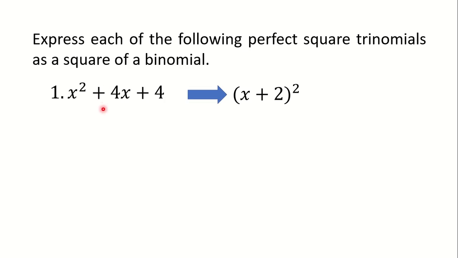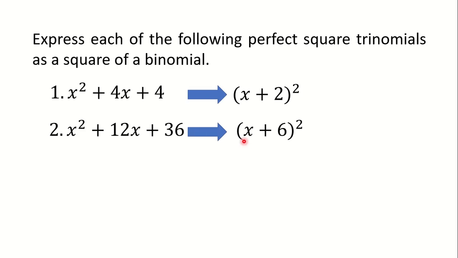Susundin nyo ang sign ha, huwag kayong magkakamali. Ito yung sign na susundin nyo. Next. X squared plus 12x plus 36. Again, kunin natin yung square root ng last part o yung last term nyo. So, square root ni 36 is 6. So, therefore, the square of binomial is x plus 6 squared.